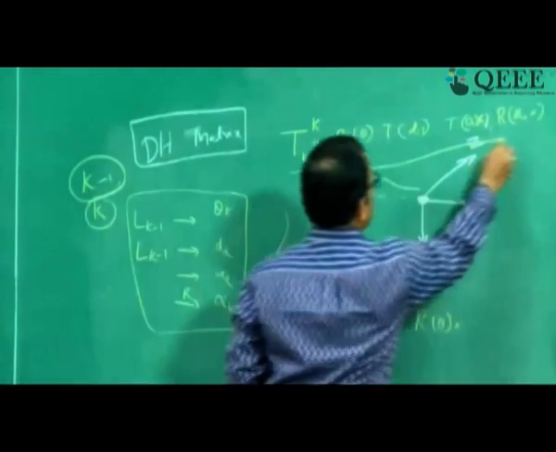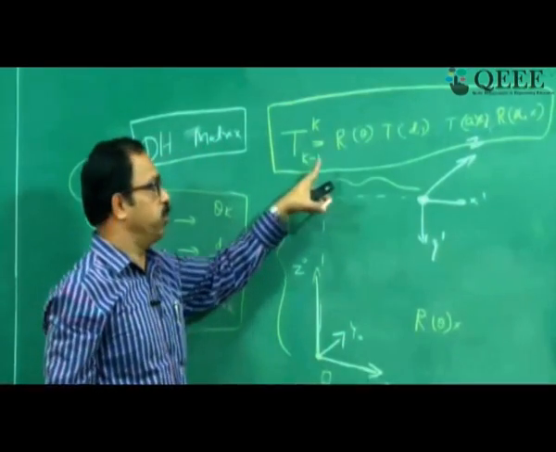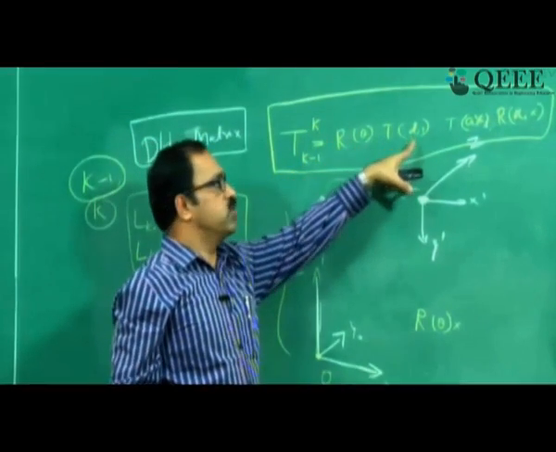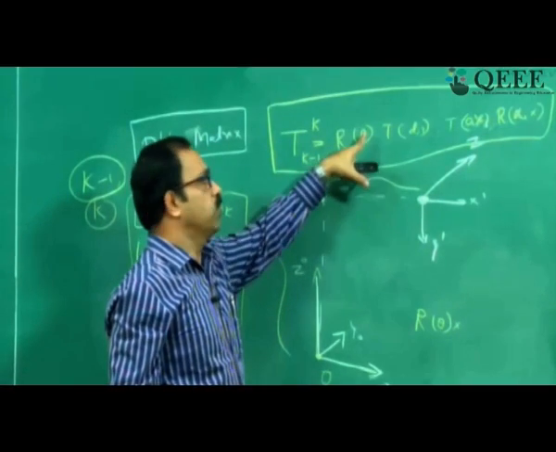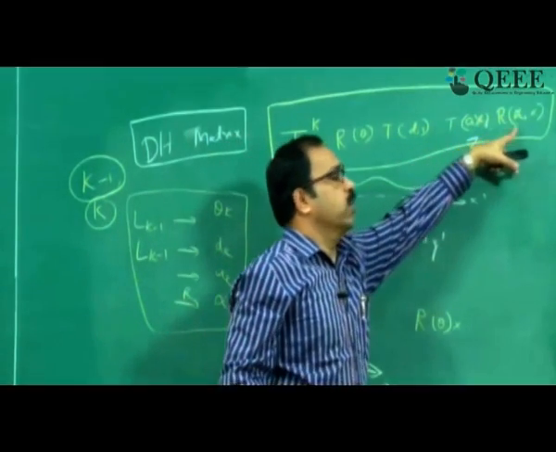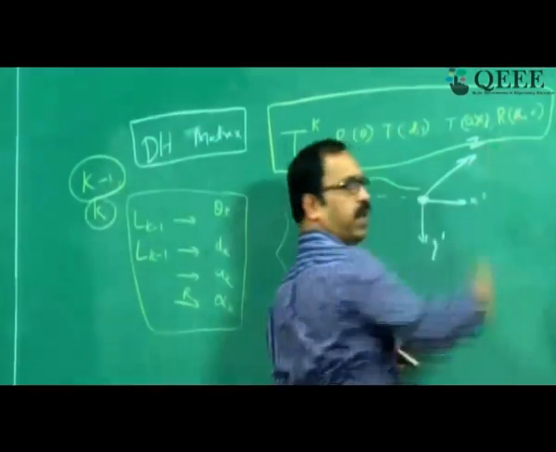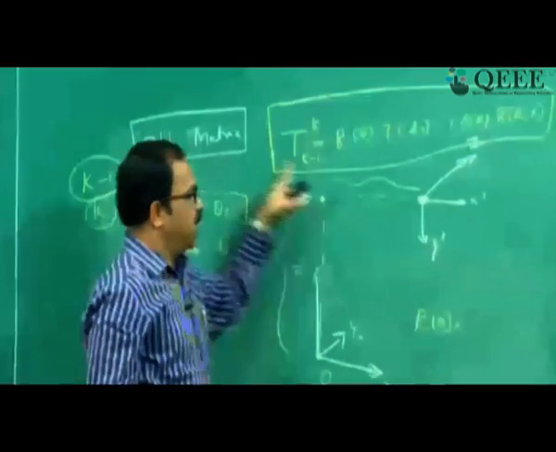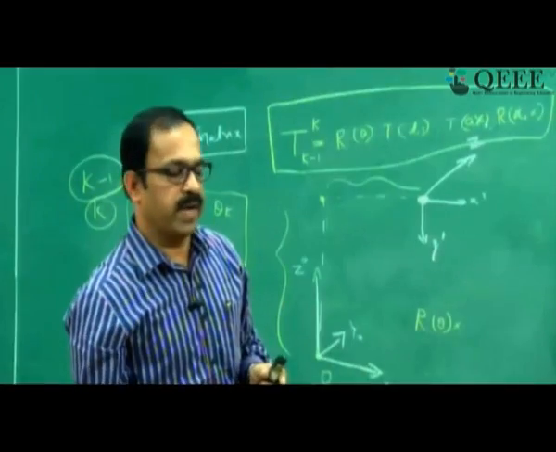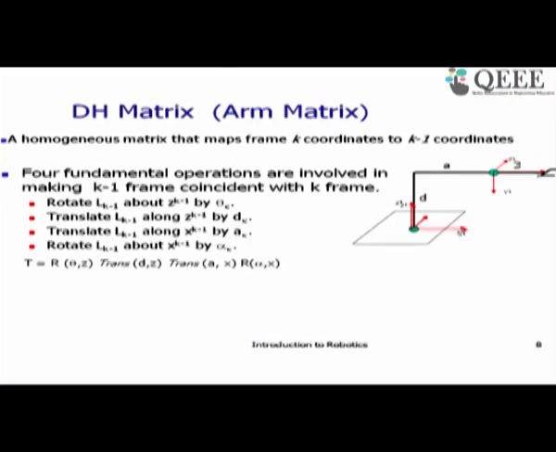So this represents the complete transformation, or the mapping of the kth frame to the k minus 1 frame, obtained by these 4 individual transformations: the rotation of theta angle, translation of d, translation of a, and rotation of alpha. The 4 DH parameters theta, d, a, and alpha are brought into the transformation matrix, and then we define a coordinate transformation matrix which is known as the DH matrix or ARM matrix, which represents the mapping of the k minus 1 frame to the kth frame. That is what we are trying to do here.